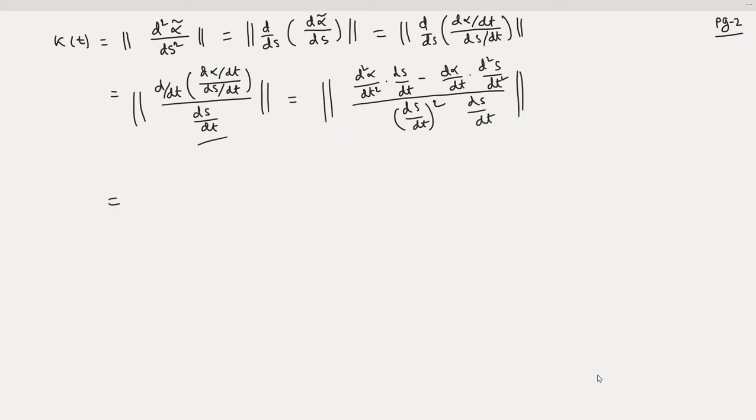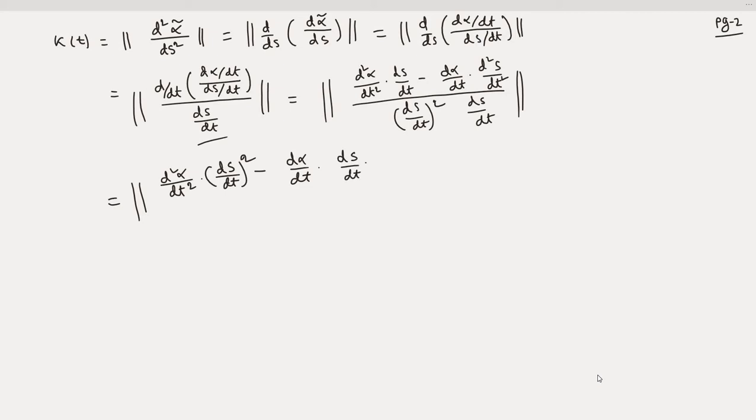Fine, so this is equal to the norm of d2 alpha/dt2 times (ds/dt) squared minus d alpha/dt times ds/dt times d2s/dt2, over (ds/dt) to the power 4.